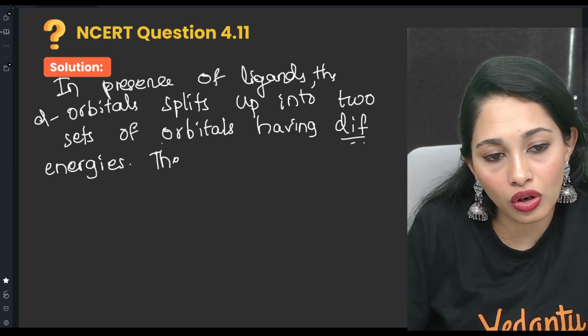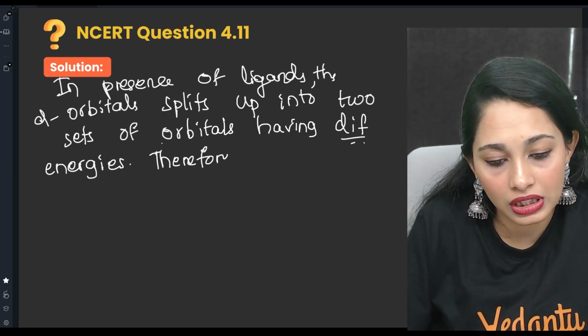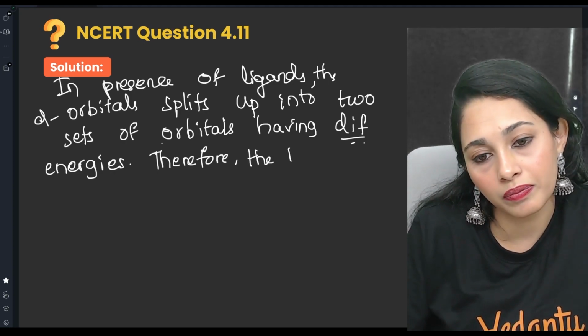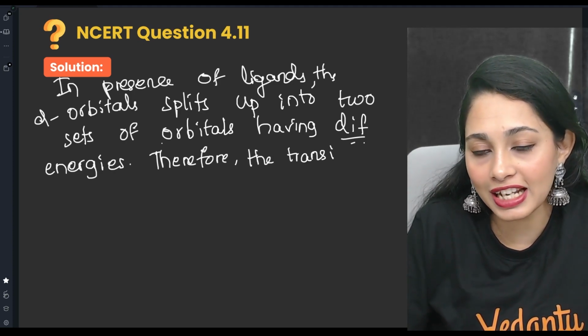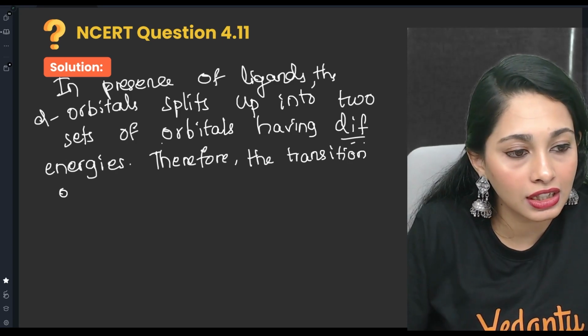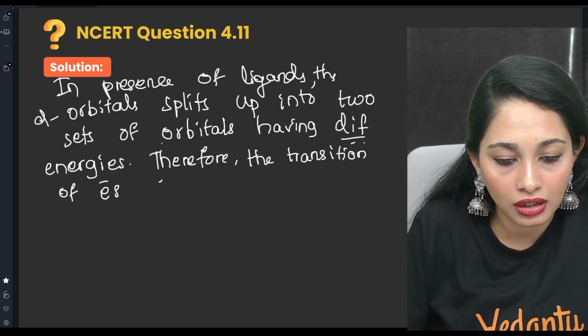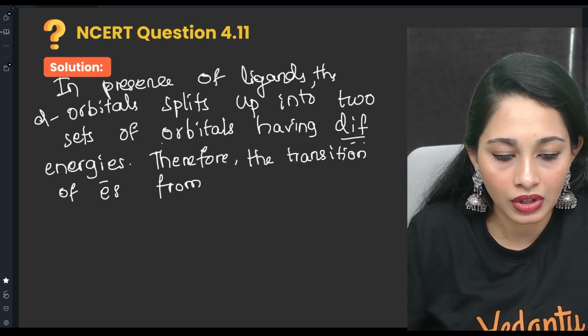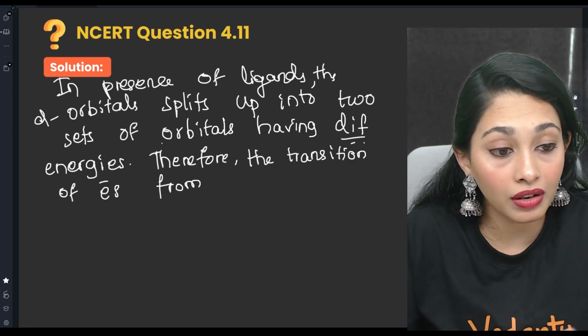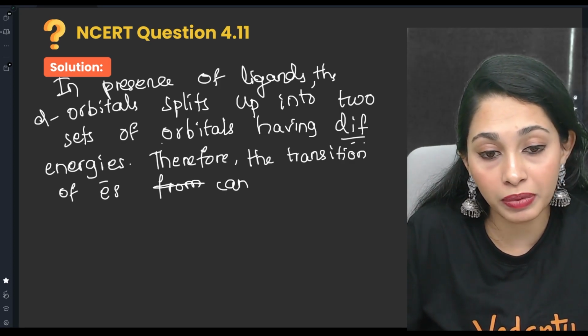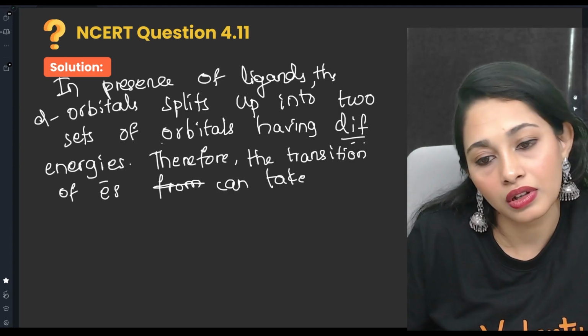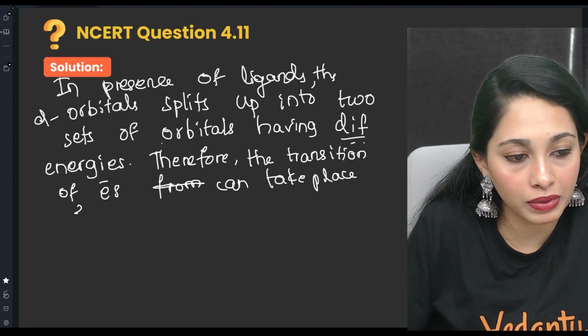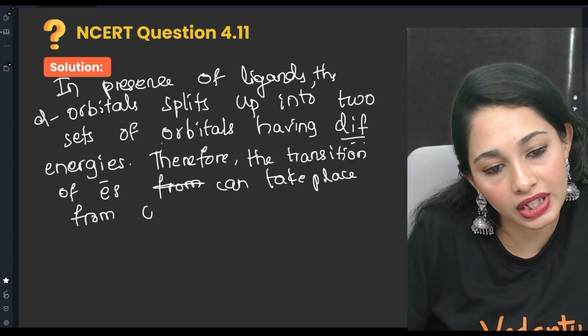Therefore, the transition of electrons can take place from one set to another.